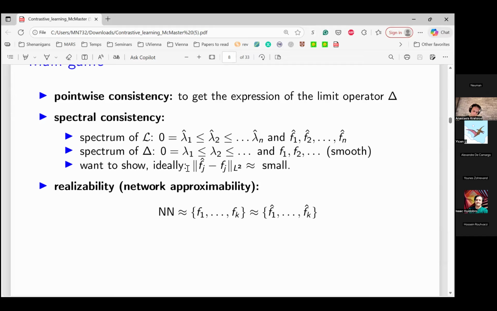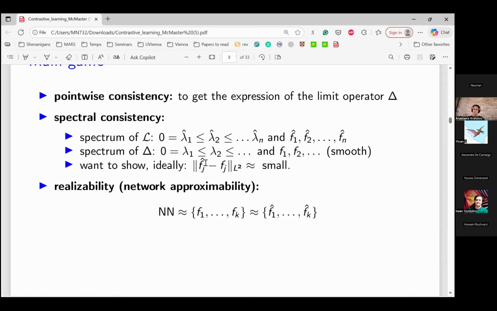Then we want to show that, ideally, if I take the J-th eigenvector, I would be able to find a corresponding J-th eigenfunction so that they are close in L2. I say ideally because f hat J lives on the graph, and the graph is not necessarily on a manifold, right? Recall that in our setting, we have images sampled from the manifold, but then we perturb images in order to have the augmented set of data. This augmented set of data might lie outside.